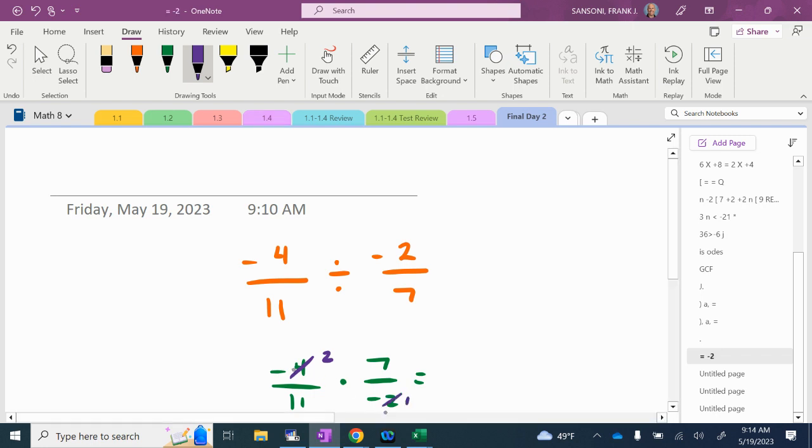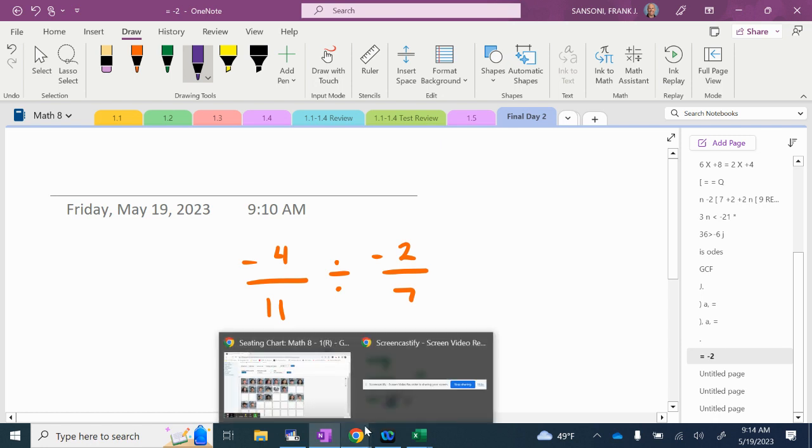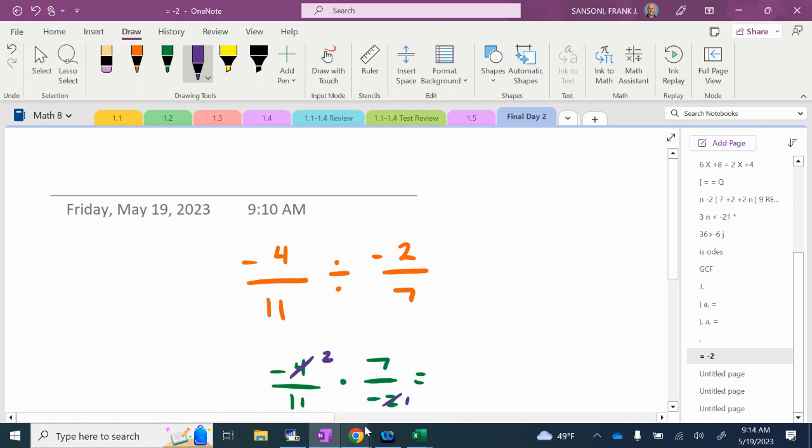I already know that a negative divided by a negative is a positive, so I can get rid of these negatives as well. So what is 2 times 7 on top? What is 11 times 1 on bottom?